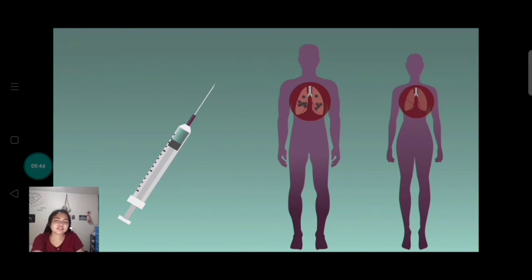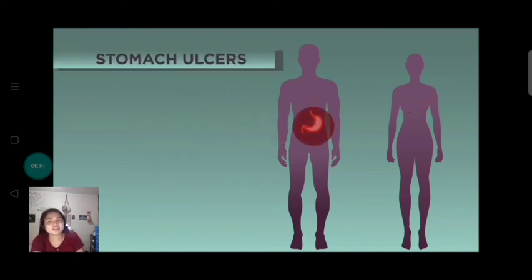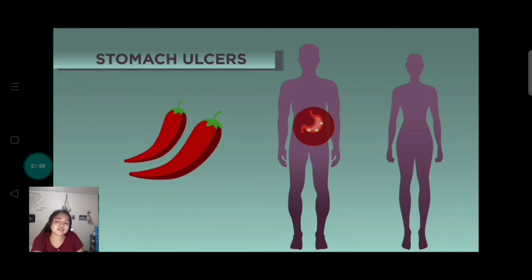Another bacteria-caused illness is stomach ulcer. A burning pain in the stomach could be a sign of a stomach ulcer. These are open sores on the stomach lining. It used to be thought that stomach ulcers were caused by the stomach producing too much acid, brought on by eating spicy food or stress.